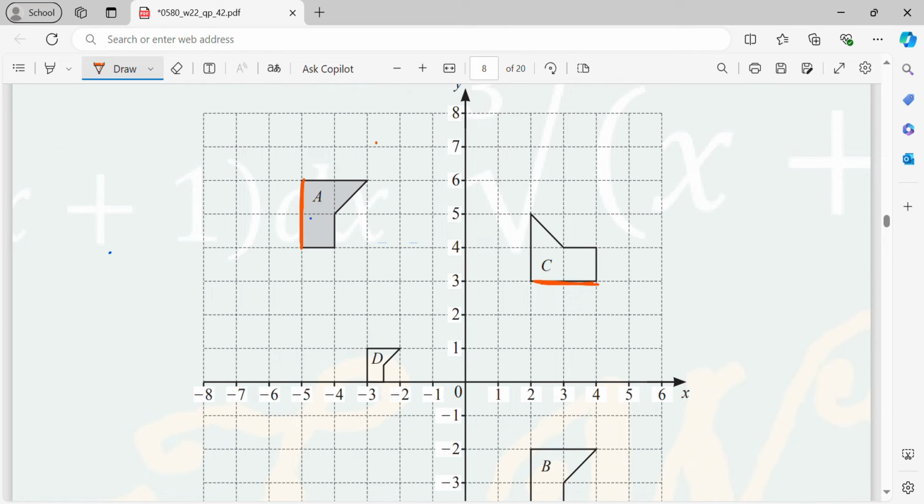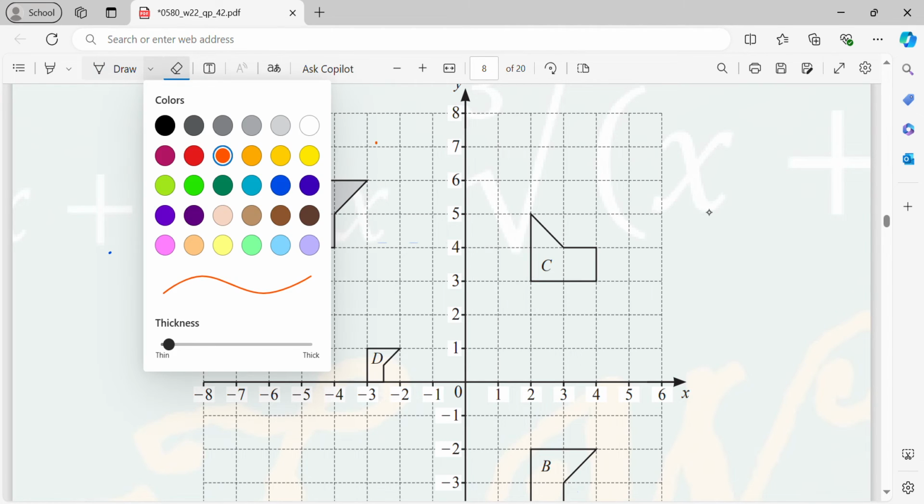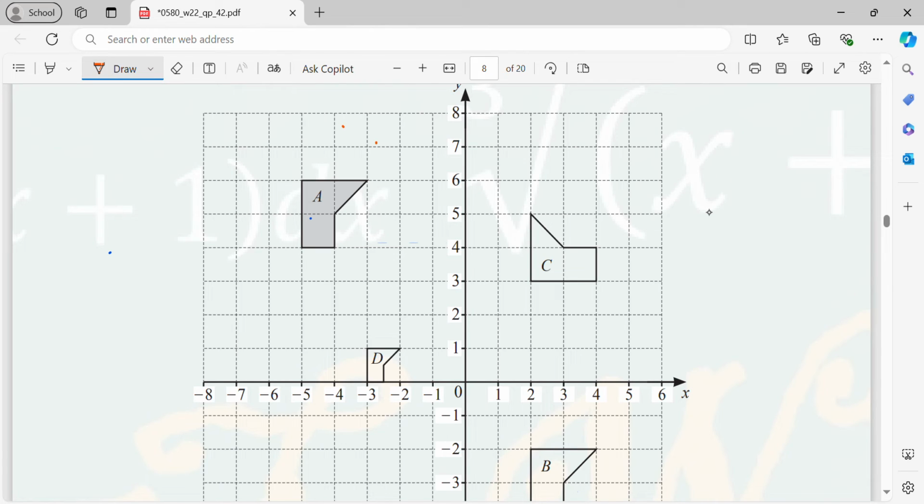That means rotation is involved here. So what to do is you just consider the points first. This point corresponds to this point, so you draw a straight line joining these 2 points. Use a ruler, because here I am drawing roughly, as I don't have a ruler.